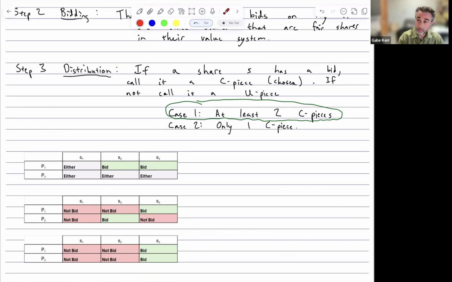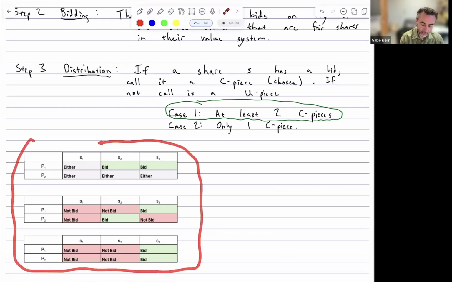So what I'm imagining here in each of these three tables is that the divider has divided the assets into these three shares, S1, S2, and S3.